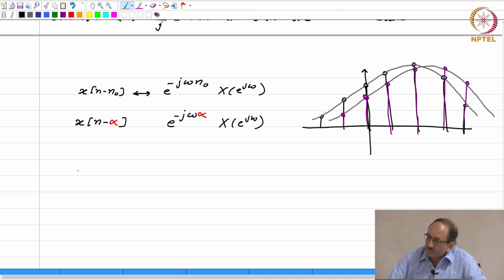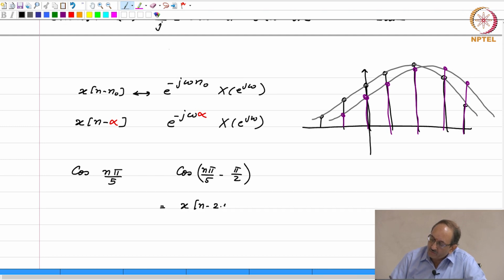So what we will do is, remember we had cos n pi by 5 and then we also looked at cos n pi by 5 minus pi by 2, and this was x of n minus 2.5.